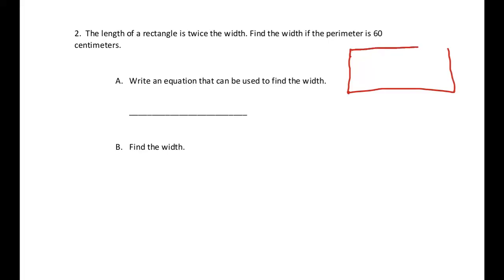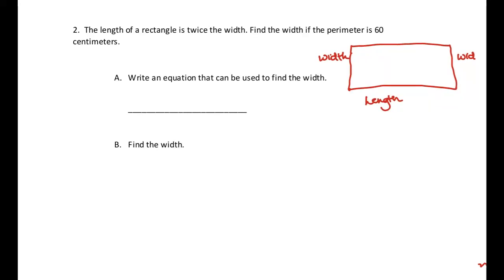Usually you think of the length as being the longer side. So we're going to call this the length side, and this is going to be the width. So that means the opposite side is the width.